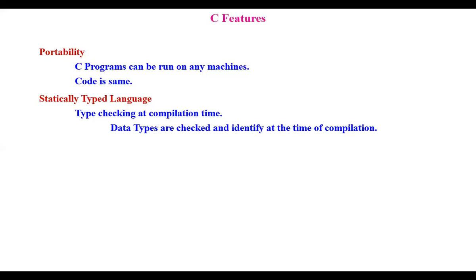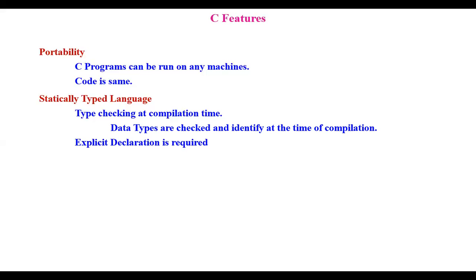Suppose we want to add a number with a letter or a character, it is not possible. If we make that sort of mistake, it will be taken care of at the time of compilation itself. So the data types are checked, and whether you are adding two variables of the same type or not is checked at the time of compilation itself.